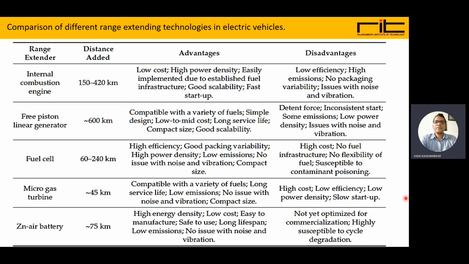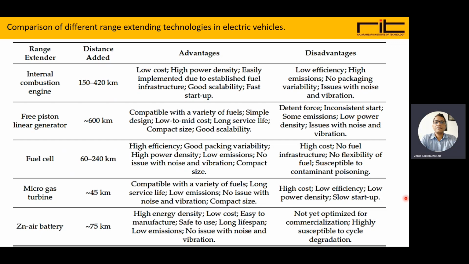The third one is the fuel cell range extender. The range added is slightly lesser as compared to the IC engine and free piston linear generator, which is 60 to 240 kilometer. The advantages are high efficiency, good packaging variability, high power density, low emissions, no issue with noise and vibration, which is the most important thing in considering electric vehicles, and compact size.